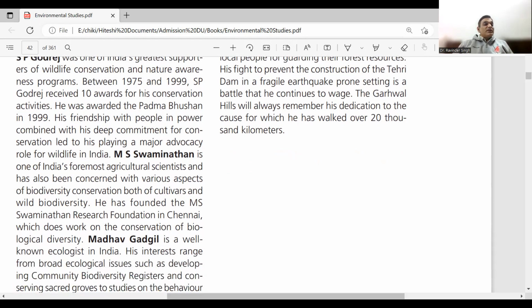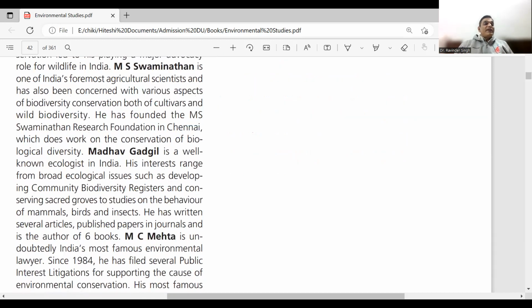M.S. Swaminathan is one of India's foremost agricultural scientists and has been concerned with various aspects of biodiversity conservation, both of cultivars and wild biodiversity. He has founded the MS Swaminathan Research Foundation in Chennai, which does work on the conservation of biological diversity.